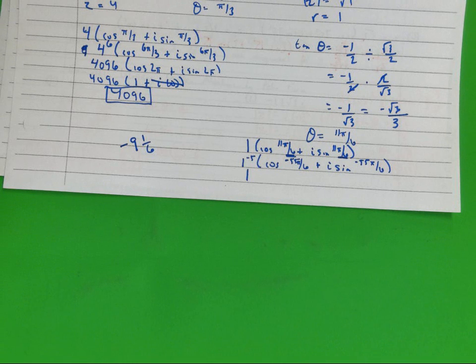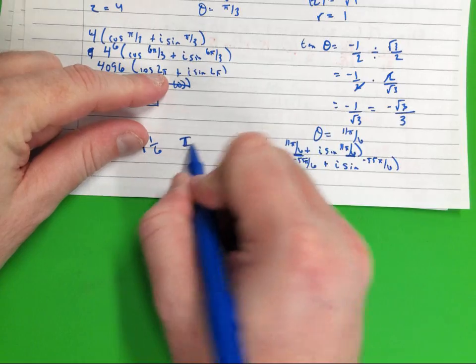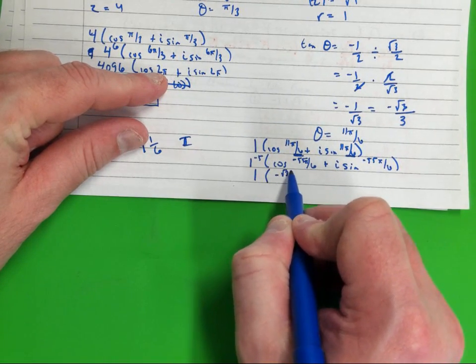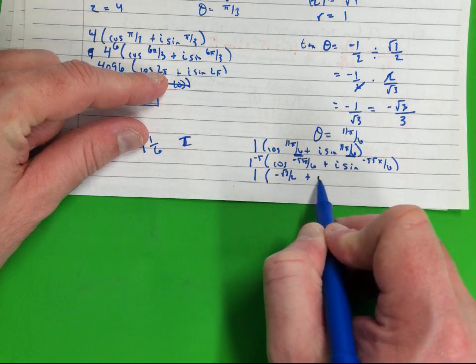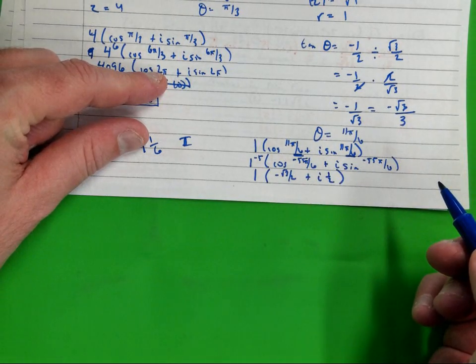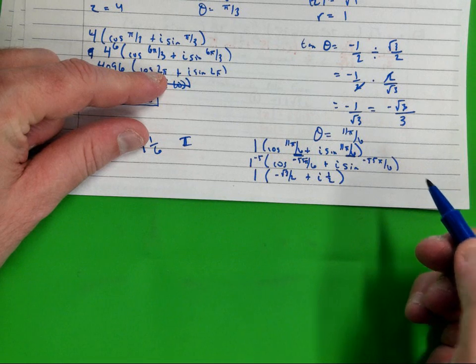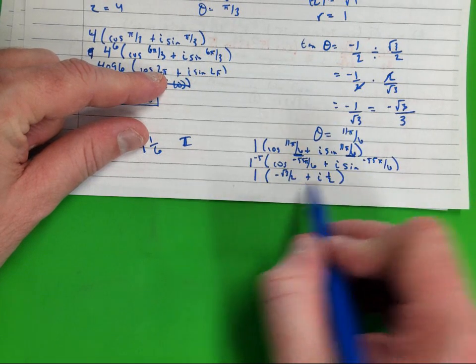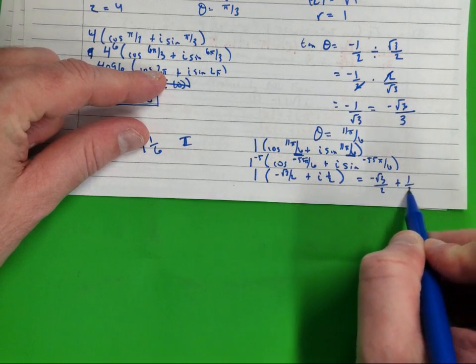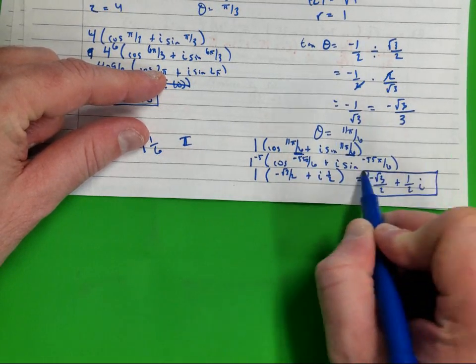I need one more pi over 6. Quad 2 or quad 1? 2. Do you see that? You got to visualize that. Okay, so that's quad 2. So in quad 2, your cosine's what? Negative. So it'd be negative square root of 3 over 2. Your sine will be positive. Okay, then you just distribute. So your answer is negative square root of 3 over 2 plus 1/2 I.